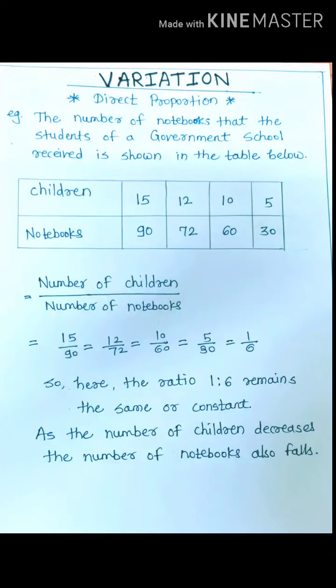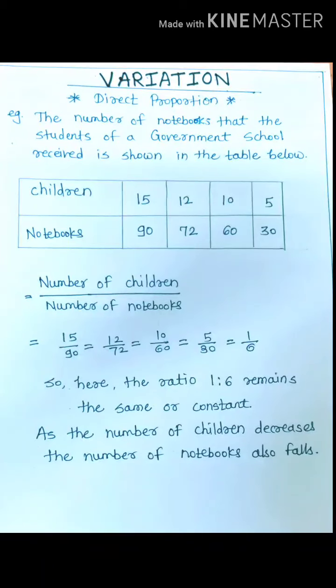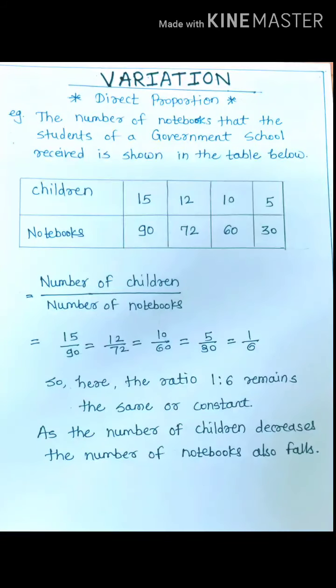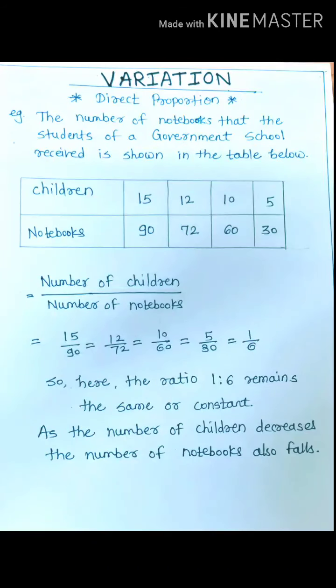Let's recall direct proportion. To understand these points, let's see one example. The number of notebooks that the students of a government school received is shown in the table below.